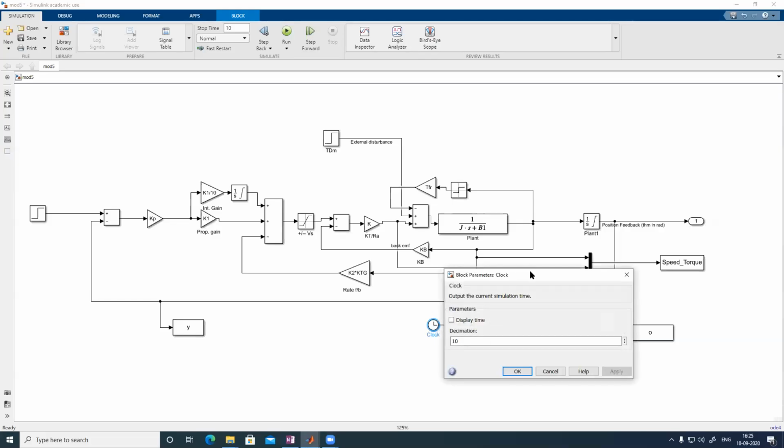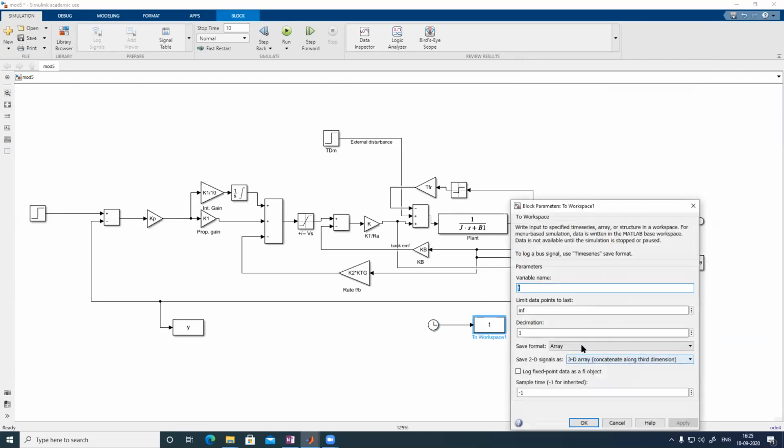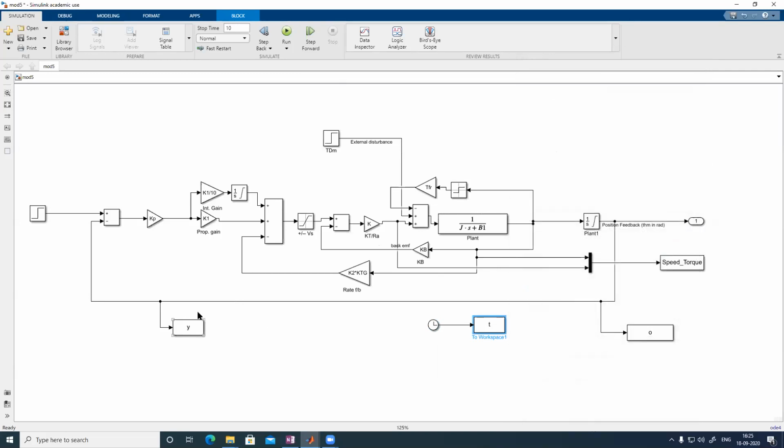This decimation here is 10, and whatever it is, take it as it is. Okay, sir. Make time an array and Y also an array, and run it, then you will get the plot.